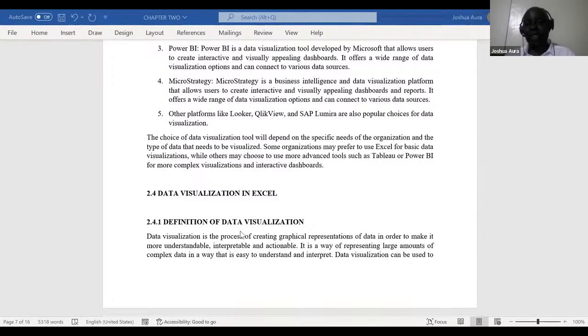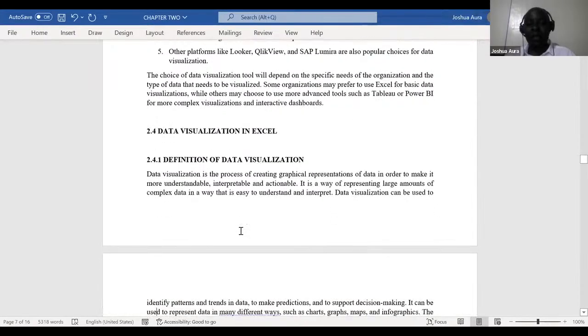So, data visualization in Excel. Definition of data visualization. Data visualization is a process of creating graphical representations of data in order to make it more understandable, interpretable, and actionable.